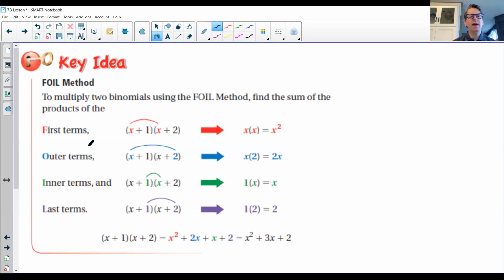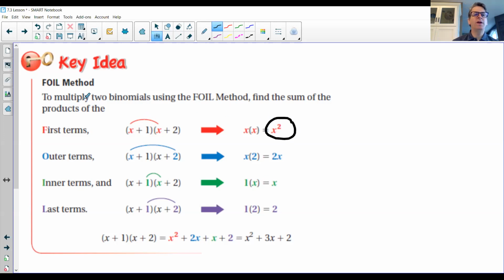When you have x plus 1 times x plus 2 on the screen, the first terms would be x and x. So you multiply the first terms, x times x, and get x squared, okay?